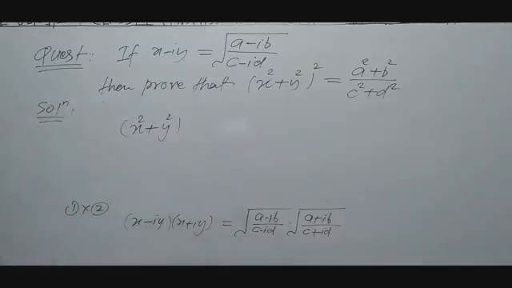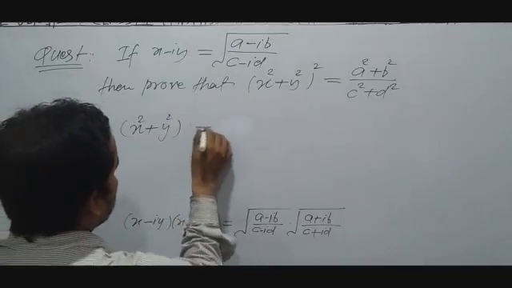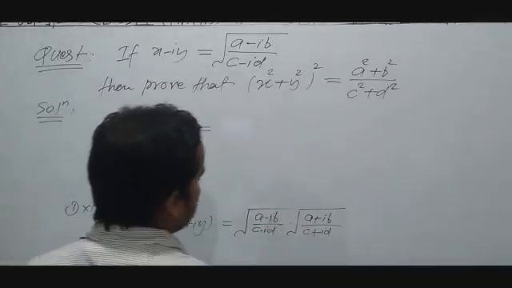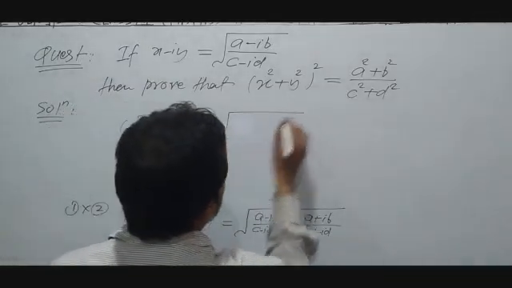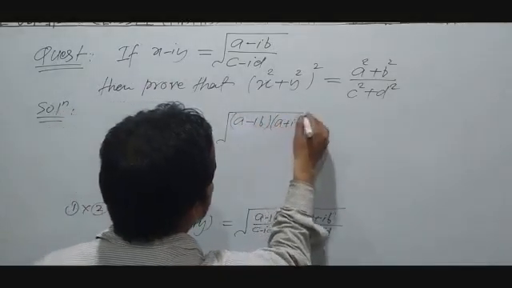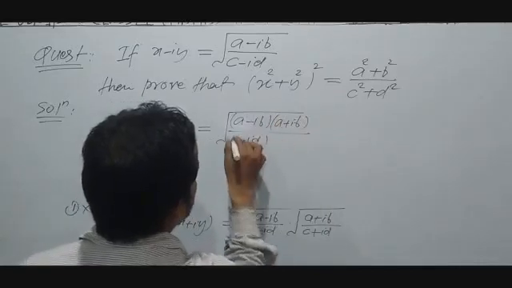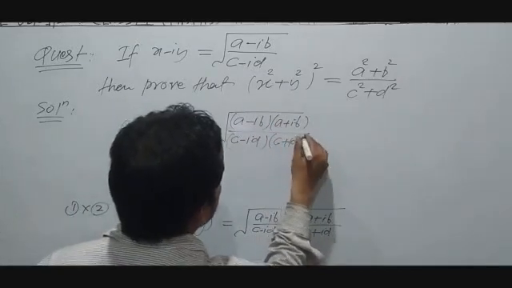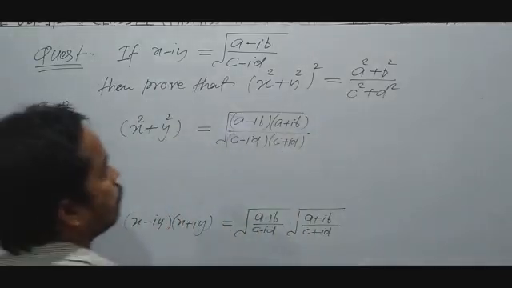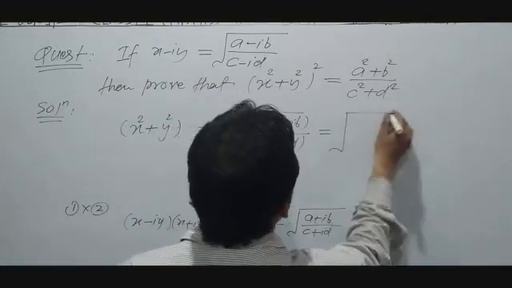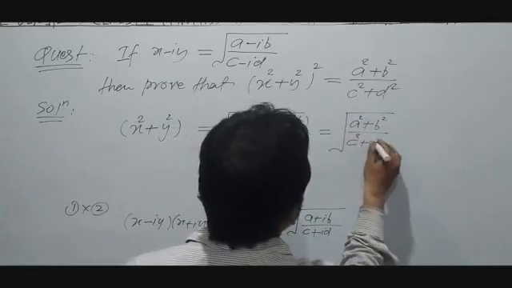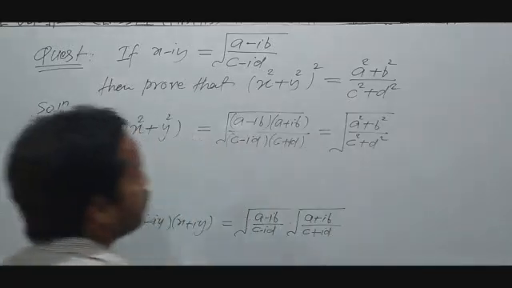This is a square minus b square... Now (a minus ib) into (a plus ib) whole upon (c minus id)(c plus id). Now this one we can write as root over (a square plus b square) whole upon (c square plus d square).